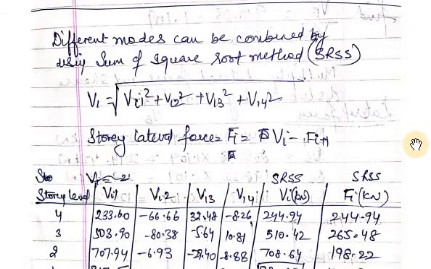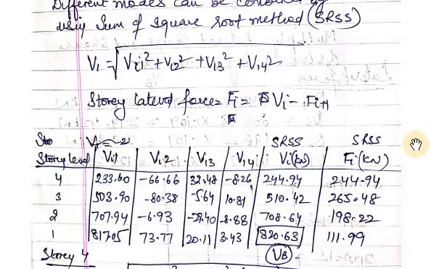We will use a table to calculate all these values. It will be easy for you and you will not make any mistakes in calculations. Here, like story level 1 to 4, the values of V1 to V4, V1, V2, this is for V13 and V14, all these values.